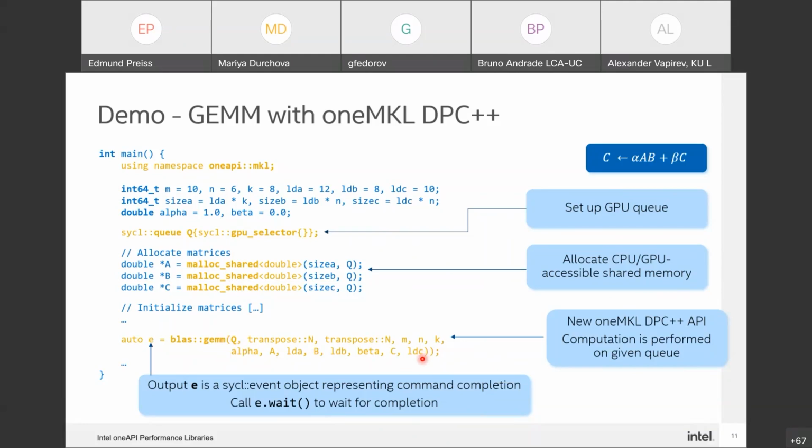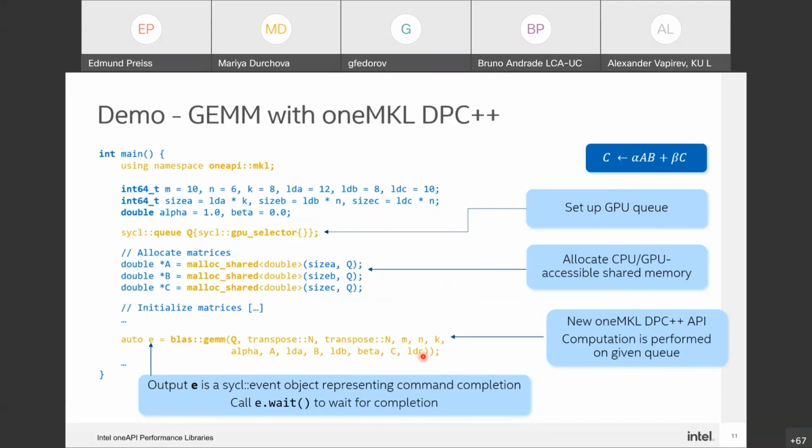For BLAS level 1, for example, the API has some additional differences, because you might remember that in BLAS level 1 routines return the output results. For DPC++ interfaces, the output results could be added as a last parameter.